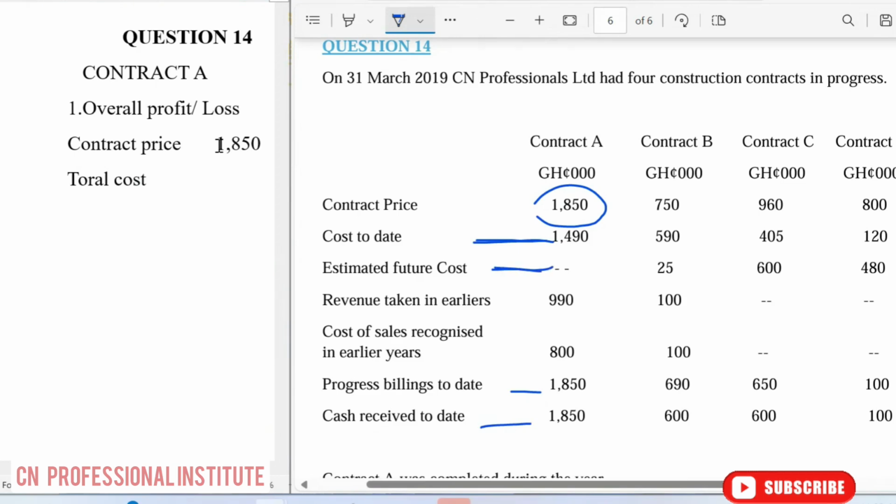Are you following? So cost to date is 1,490, cost to complete is nothing, so the total cost will be the same as the cost to date, which is 1,490. So these are our costs.